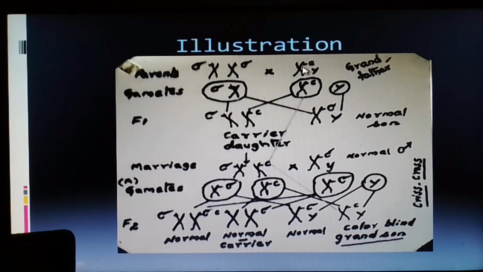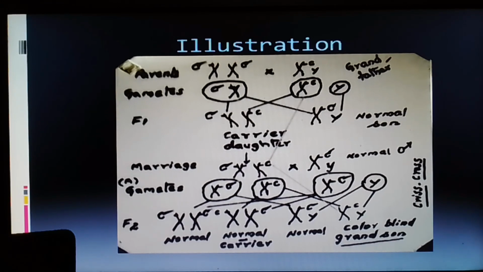So here you assume the gene responsible for color blindness. Here the C is symbolized for color blindness. So capital C indicates normal, no color blindness. Color blindness, as you may know, is when the individual is unable to differentiate red and green.